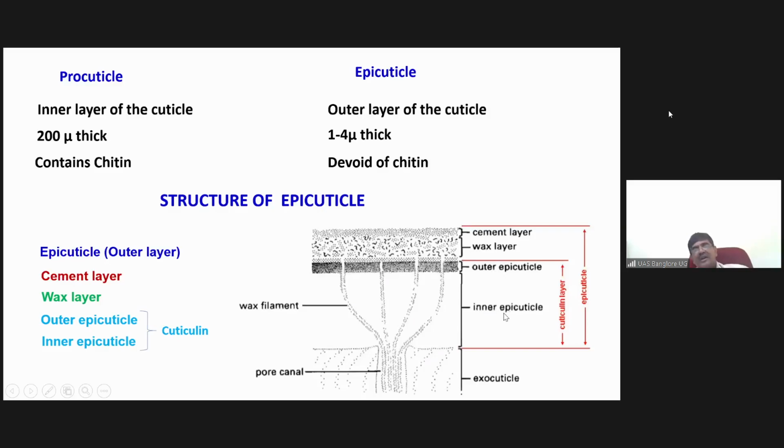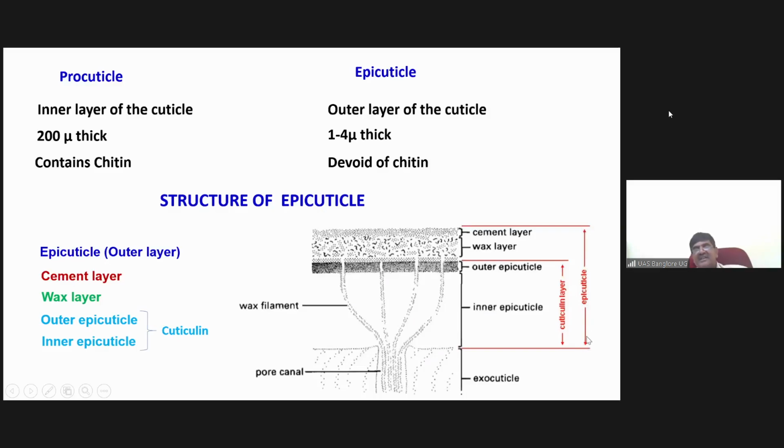The outer epicuticle and inner epicuticle together are sometimes called the cuticulin layer.